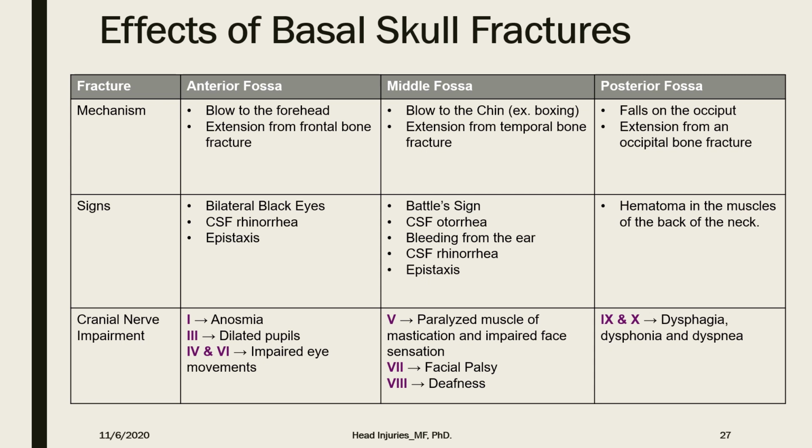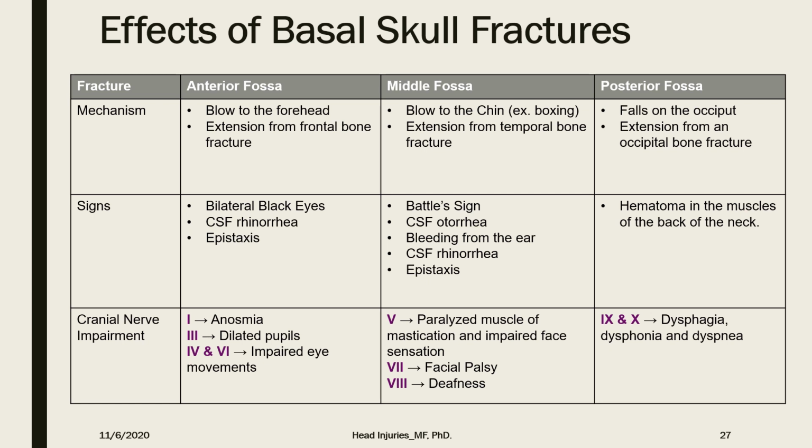Epistaxis, which means bleeding nose. When it comes to cranial nerve affection, the olfactory nerve, the first cranial nerve, will be distorted, leading to anosmia. The oculomotor, abducent, and trochlear nerves will lead to impaired eye movement and dilated pupils.